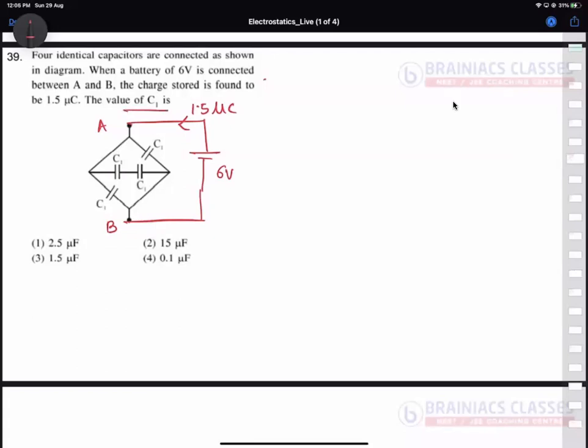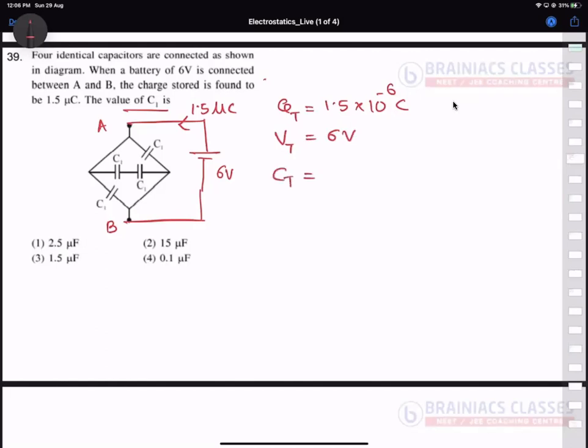So the total charge is 1.5 microcoulomb, that is 1.5 into 10 power minus 6 coulomb. This is QT, the total charge. In the same way, the total voltage given to the circuit is 6 volt. So what is the total capacitance?